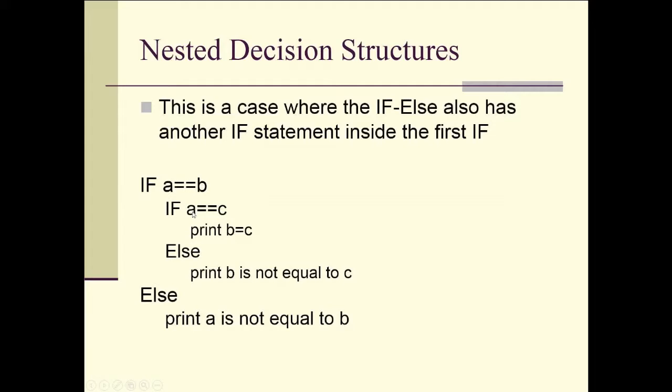Is A equal to C? If that is also true, print B equals C. Else, print B is not equal to C. And then this else here is not even run, you see? Because we've already made the decision that A is equal to B.